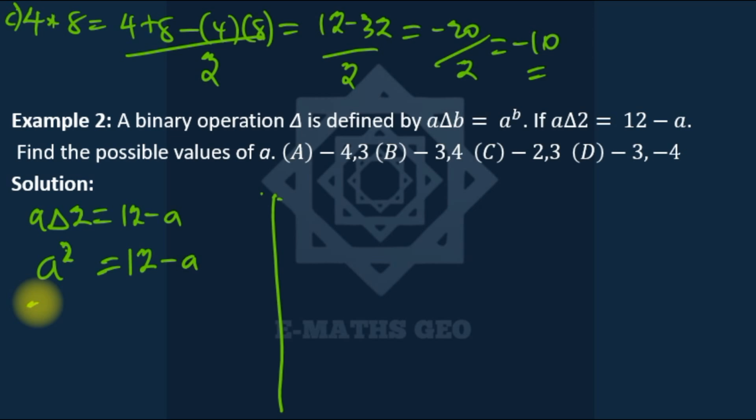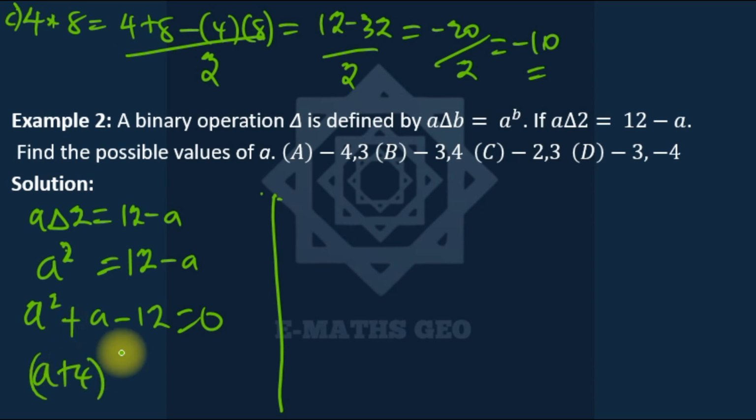So this will lead us to quadratic equation. a squared plus a minus 12 equal to 0. And if you check the factors, I have a plus 4 times a minus 3 equal to 0.